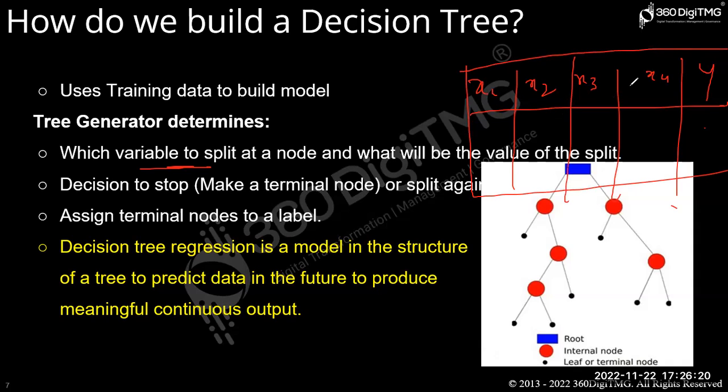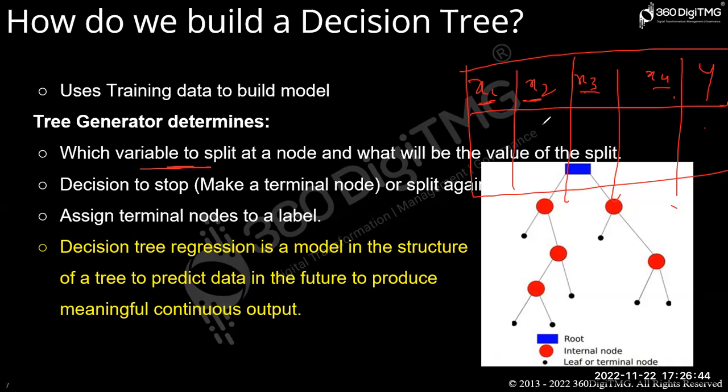From where should I start splitting, whether I should start with x1 or x2 or x3 or x4? Which one should I consider? So this is one thing we have to look into. Which column or which feature will be holding the maximum information? We don't have any idea regarding that.